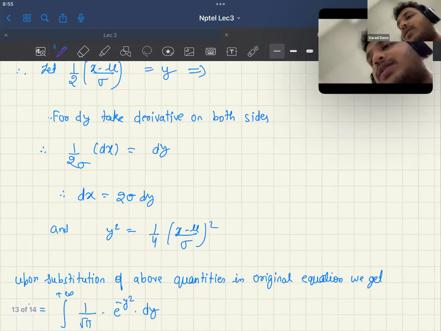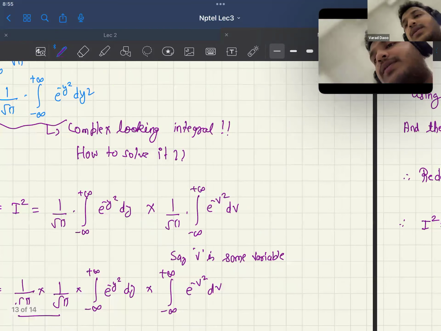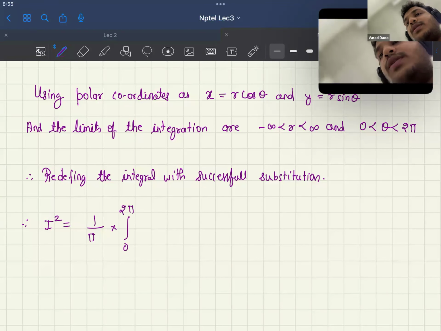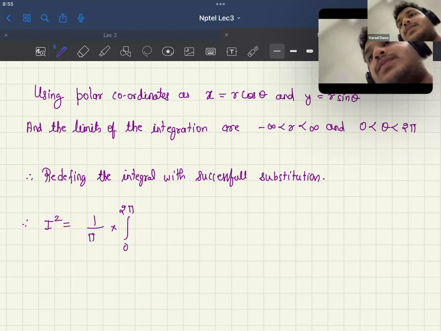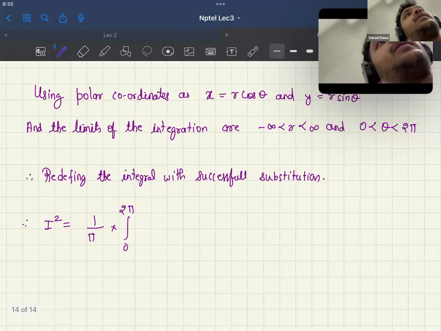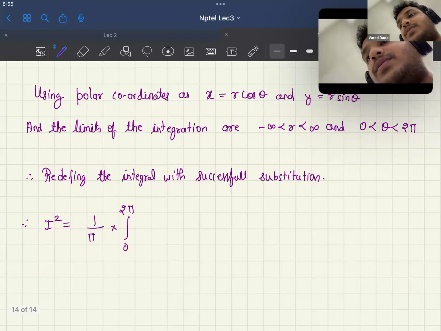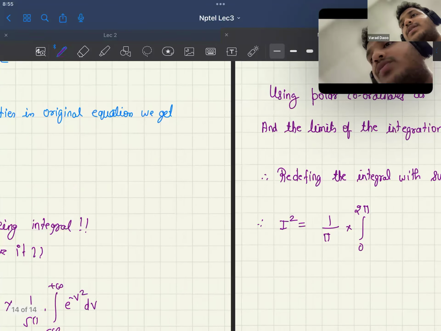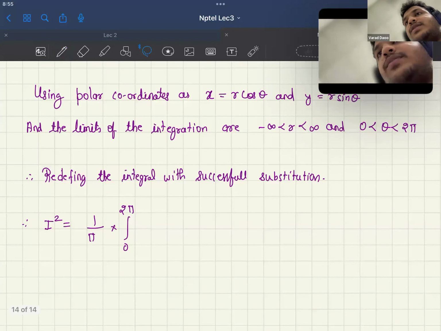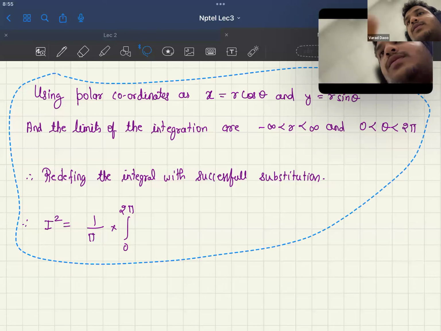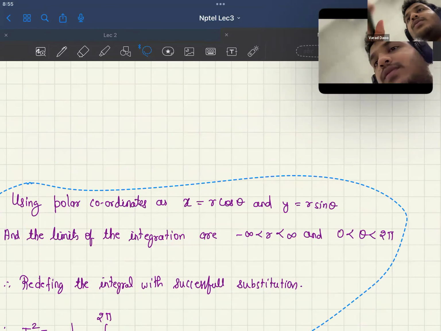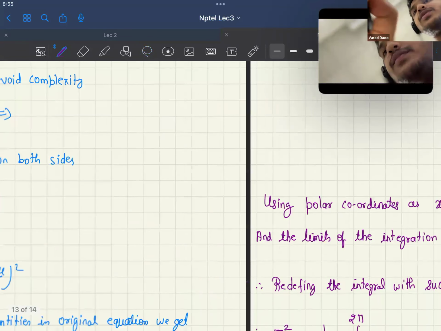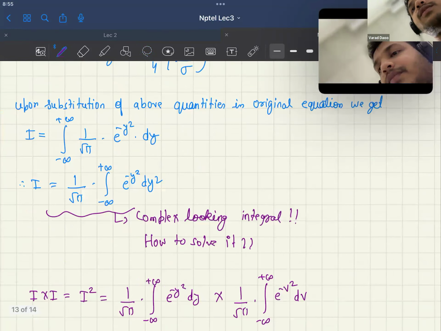Therefore, I square, right? It becomes what? 1 by root pi into root pi, it becomes pi. So prior to this, what we have is I square is going to be 1 by pi into the integral. So this is all e to the power x, e to the power x, right?